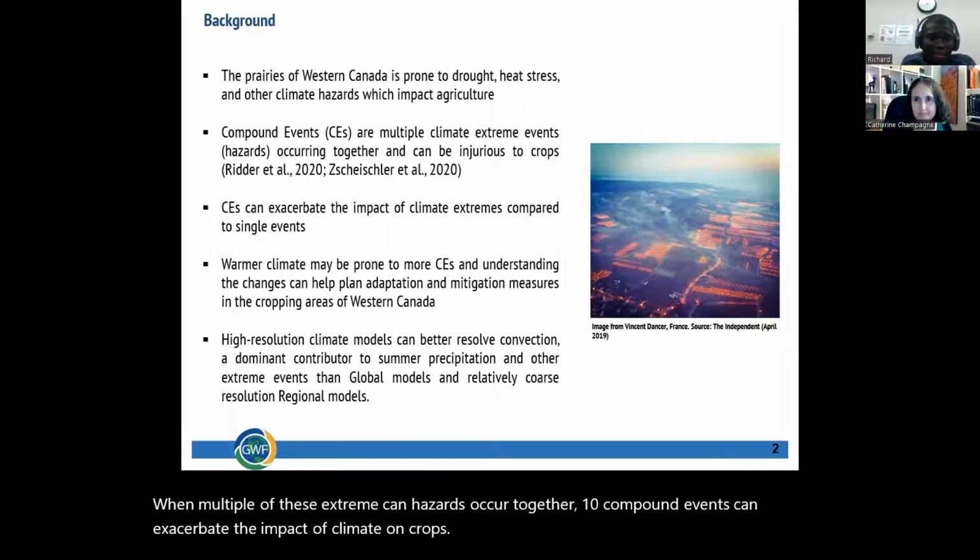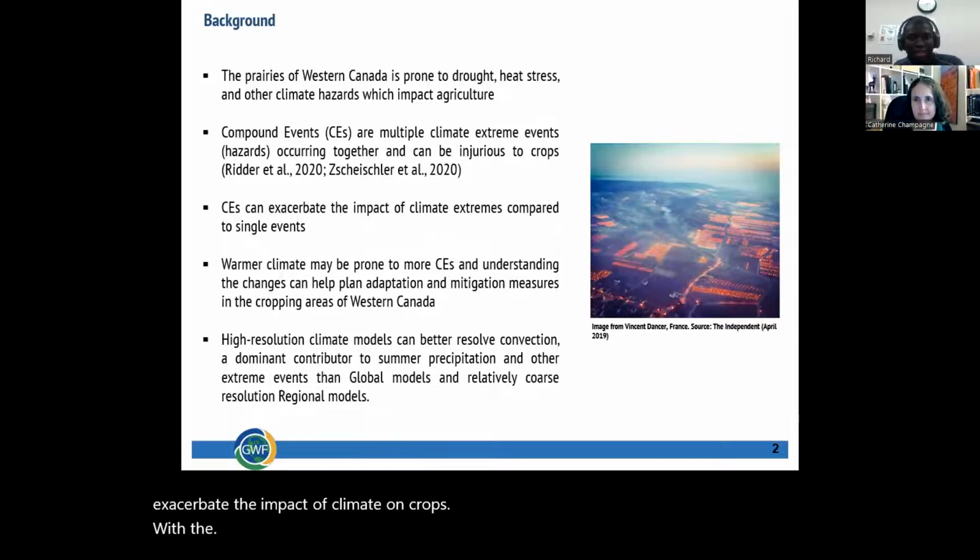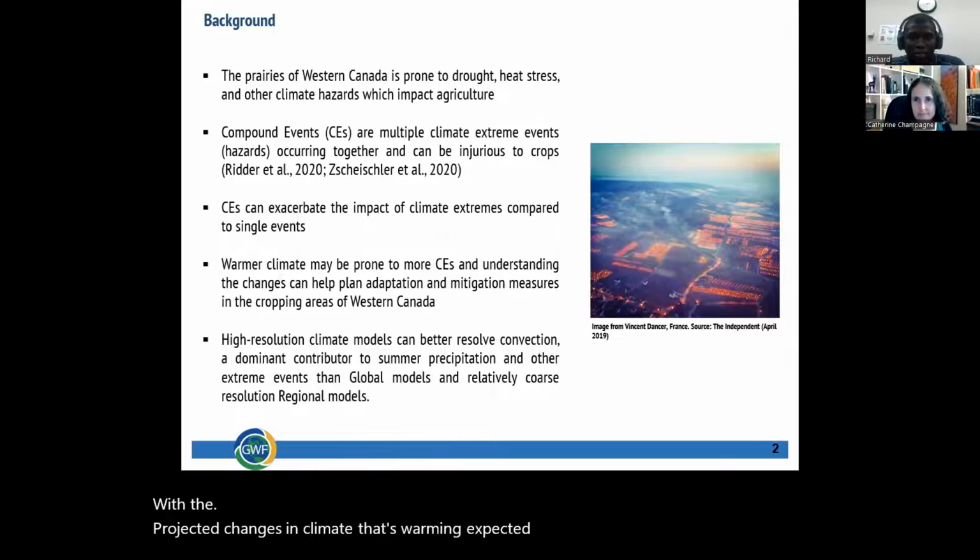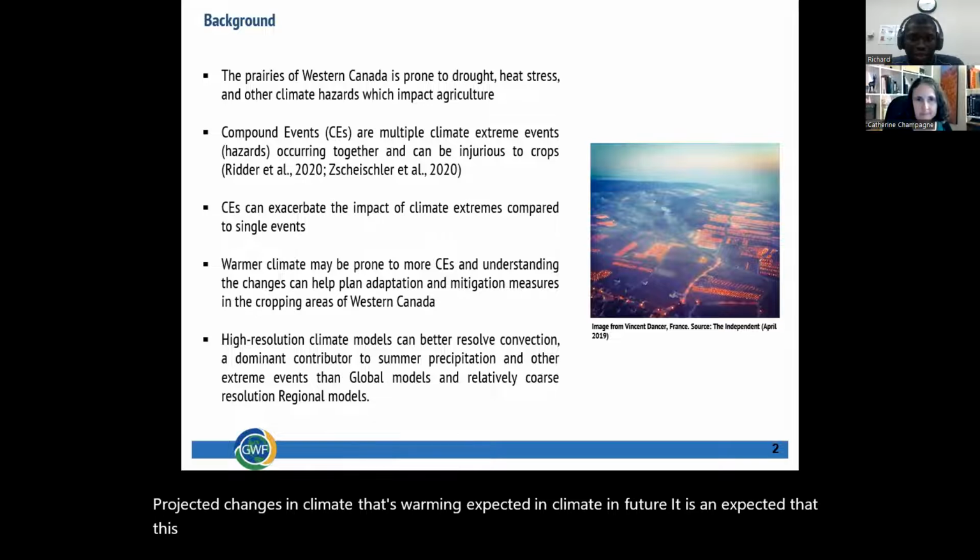With the projected warming expected in climate in future, it is anticipated that these compound events will multiply in Western Canada, and the goal of this work is to assess these changes because not much work has been done in this area.